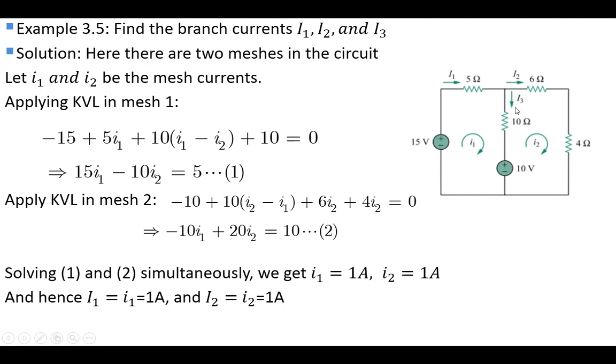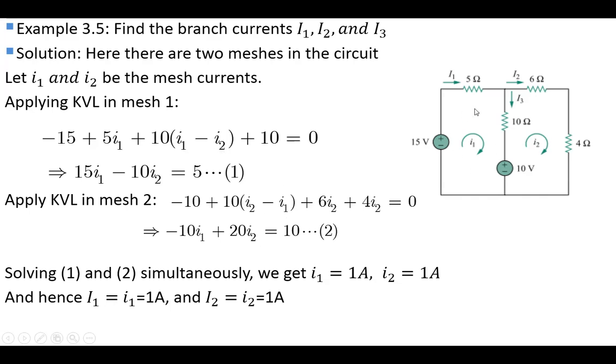Similarly, for I3, you can see that I3 is the current in the 10 ohm resistance. Actually, I left this for your exercise if you can guess, but let's continue. The current in the 10 ohm resistance is i2 minus i1 or i1 minus i2.